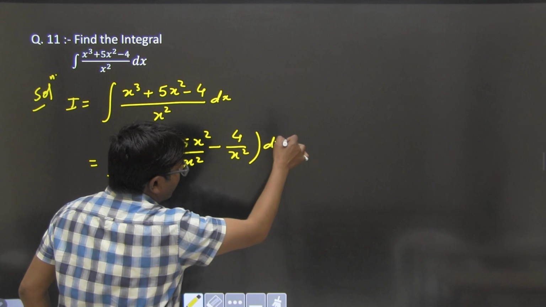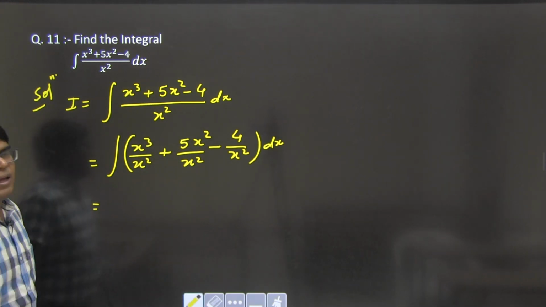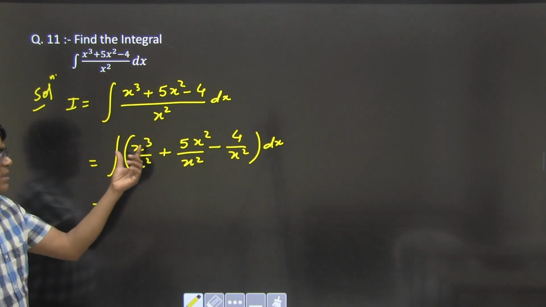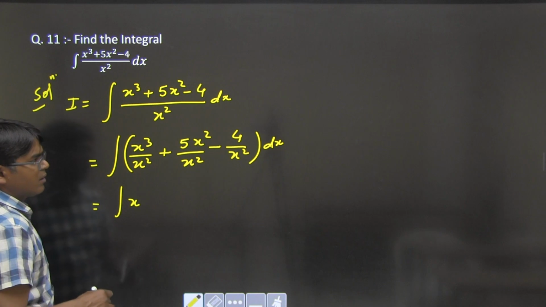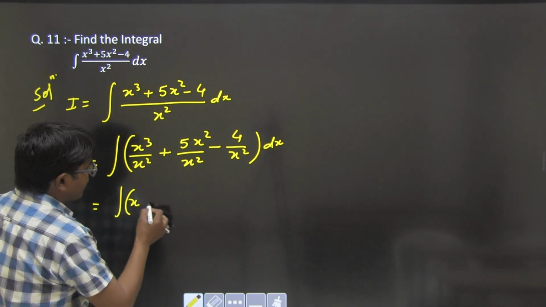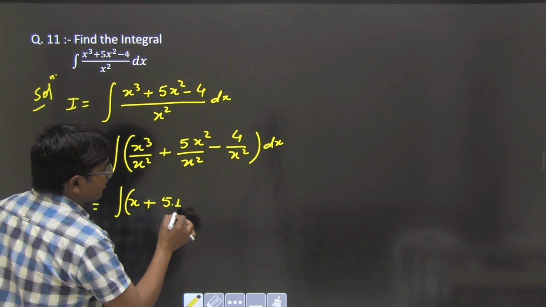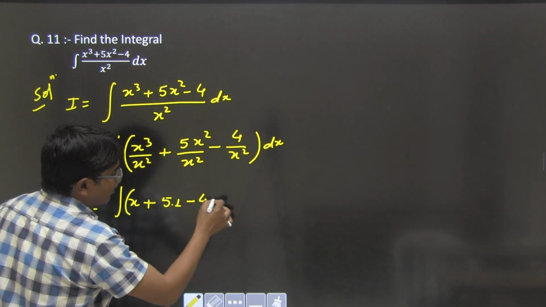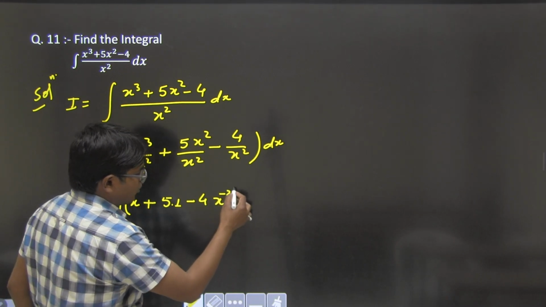Is it clear? Right. Now, if we simplify it, x cube upon x square is nothing but x, plus 5 into 1, minus 4. We can write over here 4x to the power minus 2, dx.